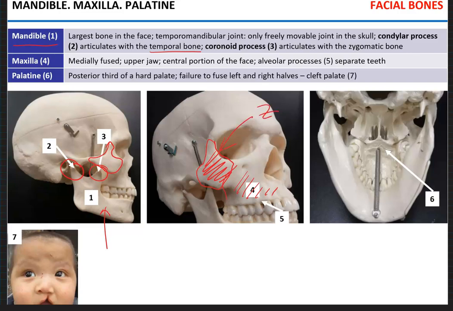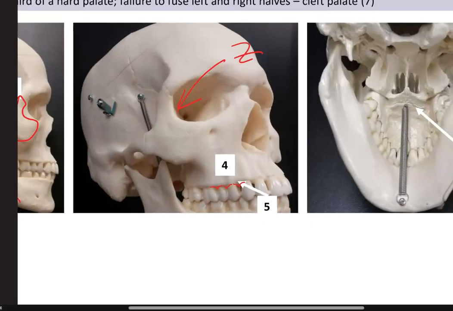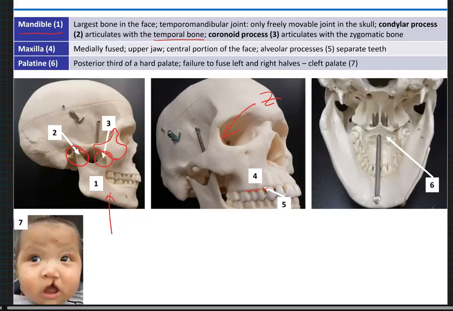Okay. So the maxilla is fused medially in the center. It houses the upper jaw, and you can see in both mandible and maxilla these little processes that separate the teeth. Those are alveolar processes.